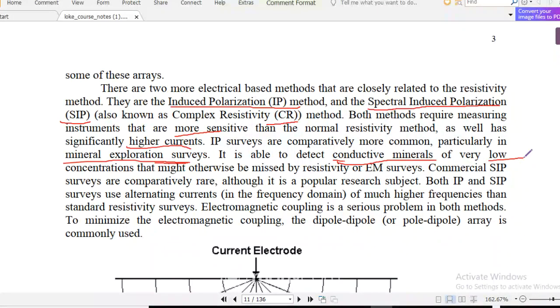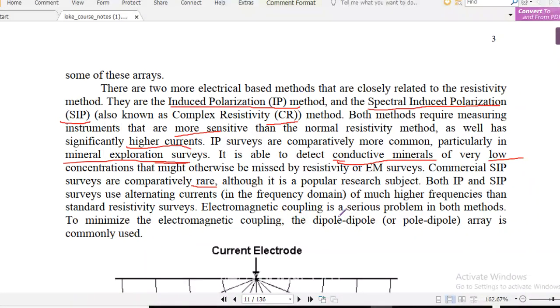So IP is very important in mineral exploration because it is sensitive even to low concentrations. Commercial SIP surveys are comparatively rare, although it is a popular research subject.